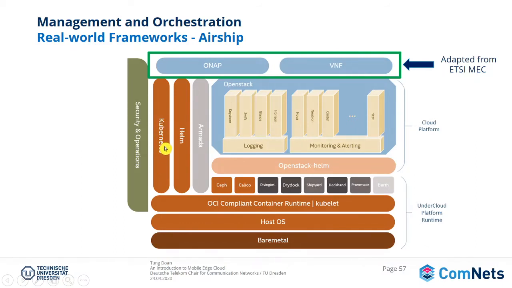This is a container platform. In the lower layer, of course, we have the host operating system and the bare metal device. So Airship includes the cloud platform and the under cloud platform.